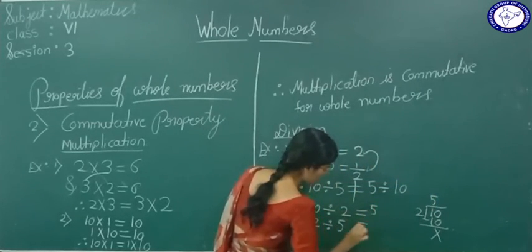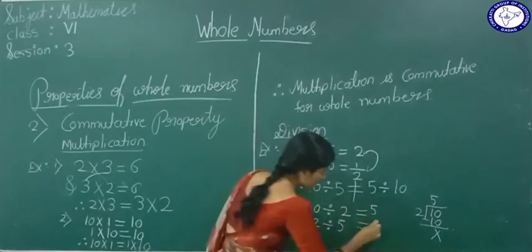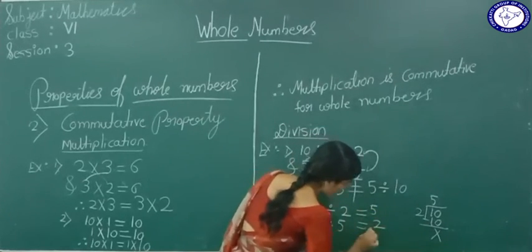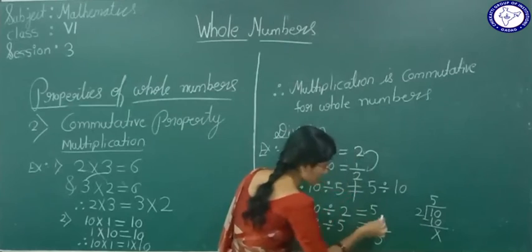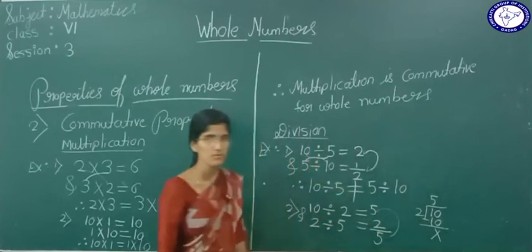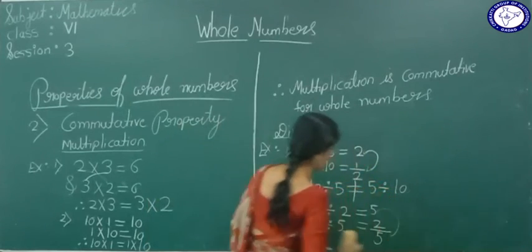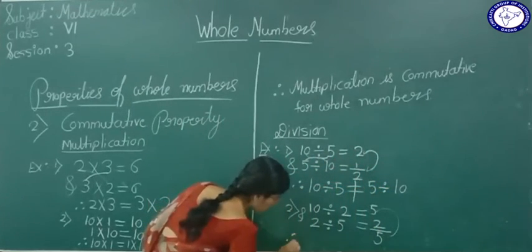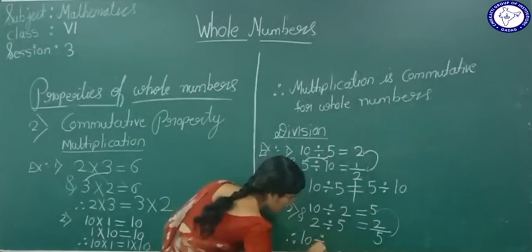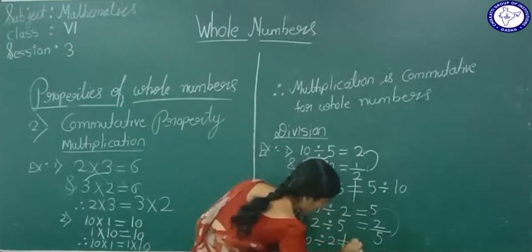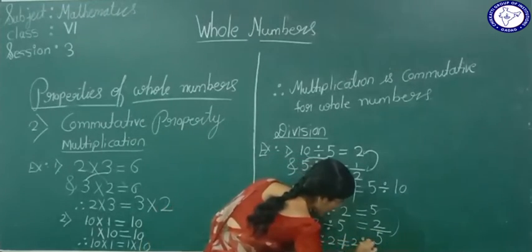It is 5. 2 divided by 5, I will write 2 divided by 5. Are both the same? No. Therefore, 10 divided by 2 is not equal to 2 divided by 5.